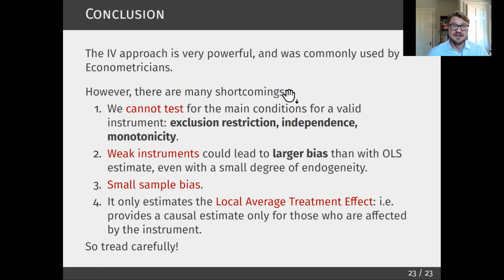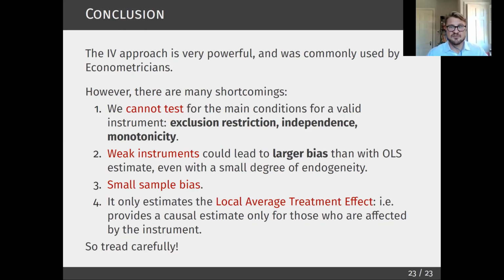The other issue is that if we have a little bit of a bias, if it's not completely exogenous, a weak instrument could really inflate that. Then we also have this technical concern about a small sample bias. So, even though the probability limit converges towards the true population parameter, that only happens in very large samples.